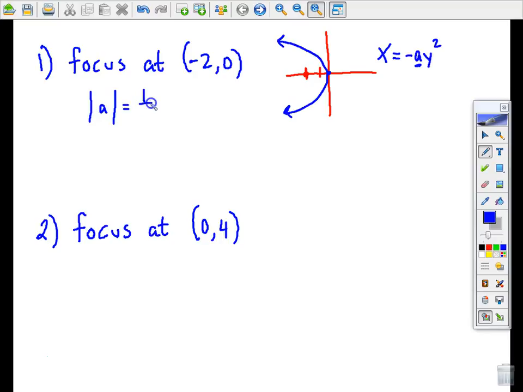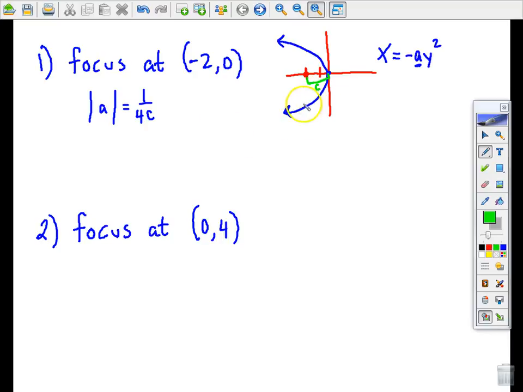I'm going to show you the formula, and then we're actually going to plug in the number that we need for c. All right, just remember that c stands for the distance between vertex and focus. That's c, the distance between the vertex and the focus of a parabola.